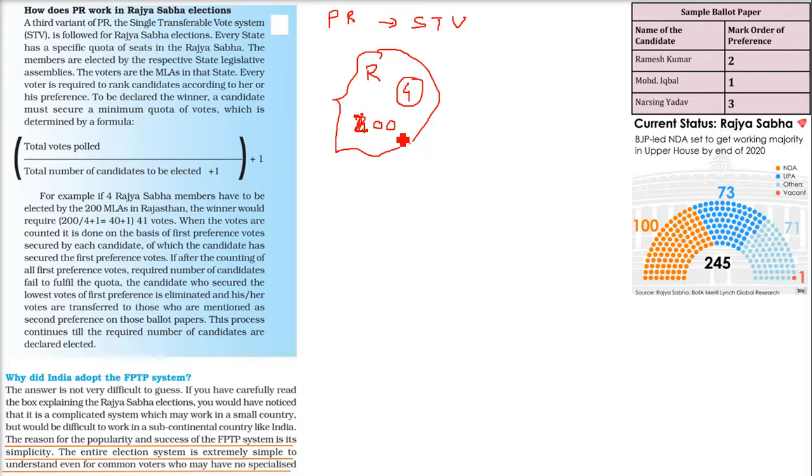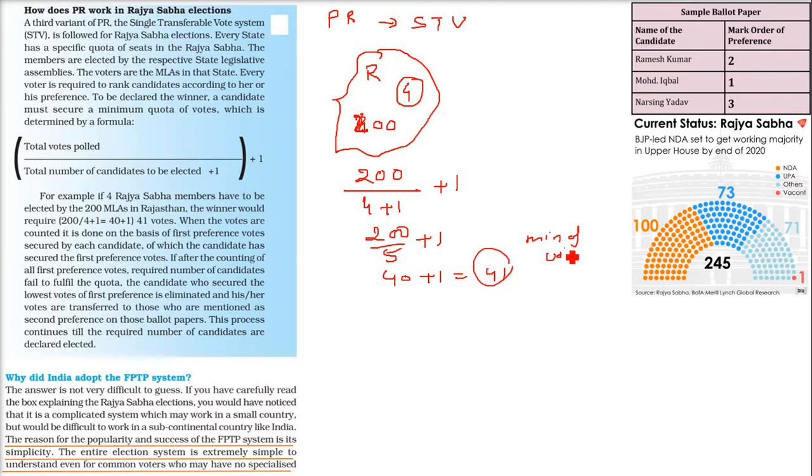I'll just tell you the formula, then I'll tell you how this goes. 200 is the number of MLAs, divided by the number of quota, which is 4. You add 1 here, then you add 1 here. This will be 200 by 5, plus 1. 200 by 5 is 40 and this is 1. So, this 41 is the minimum number of votes a prospective candidate has to earn.